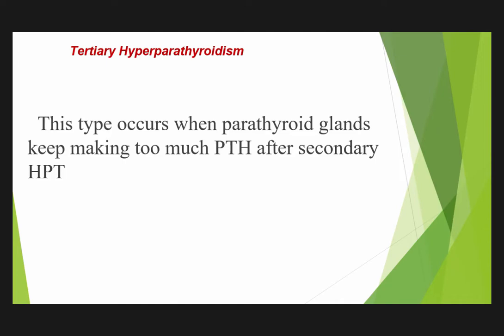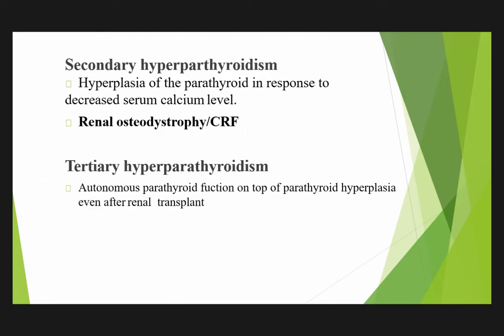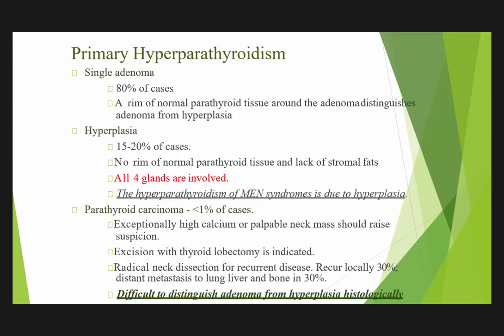So tertiary hyperparathyroidism is the formation of hyperplasia and tumor in the parathyroid gland after prolonged secondary hyperparathyroidism. So once again, tertiary hyperparathyroidism is autonomous parathyroid function on top of parathyroid hyperplasia, usually after secondary hyperparathyroidism.